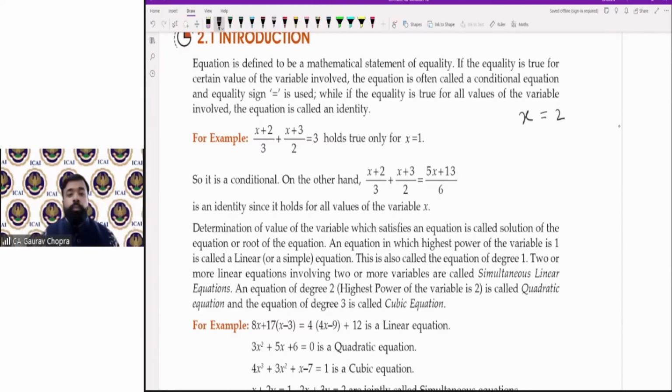That is why we are putting the equal to sign, the equality sign. After this chapter, we will be doing inequality. Inequality means it will be greater than or it may be less than, but equality means it is equal. In this chapter, we will be dealing with the equal to sign, and in the next chapter, we will be dealing with greater than and less than.